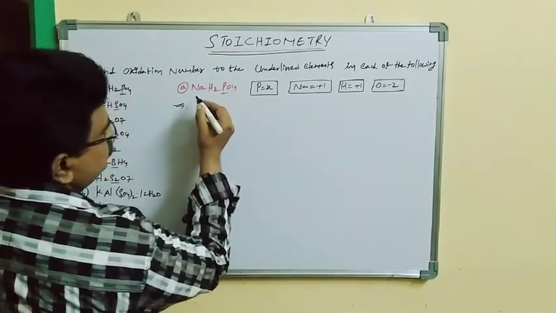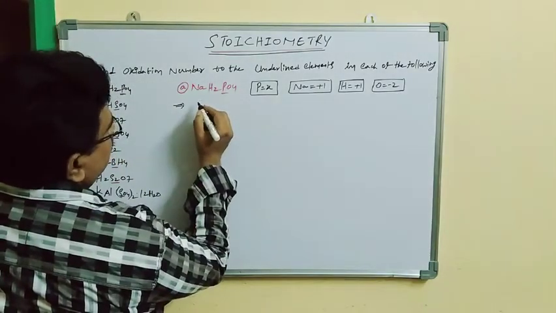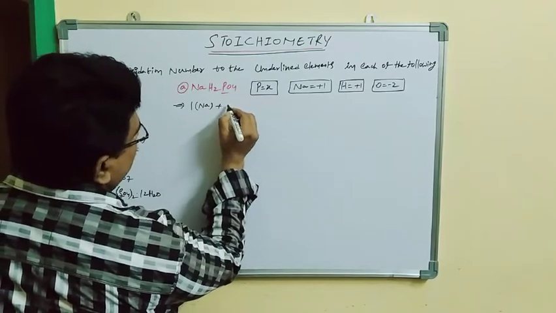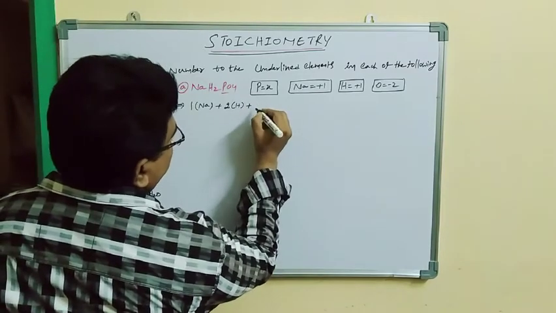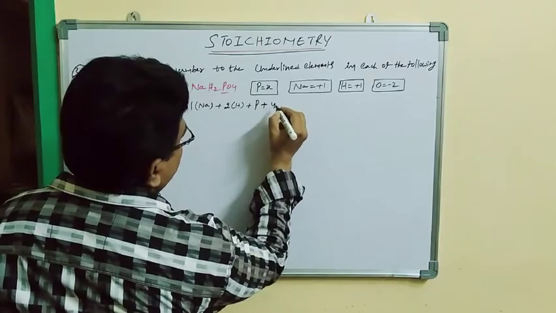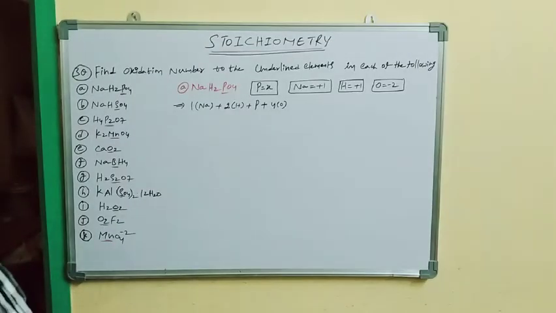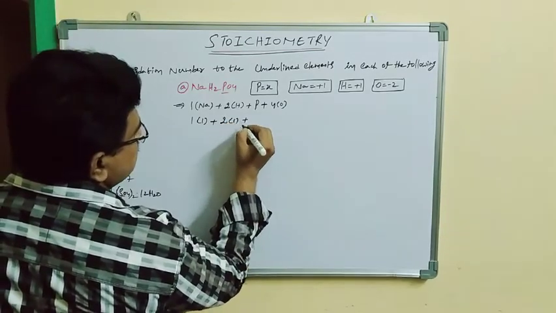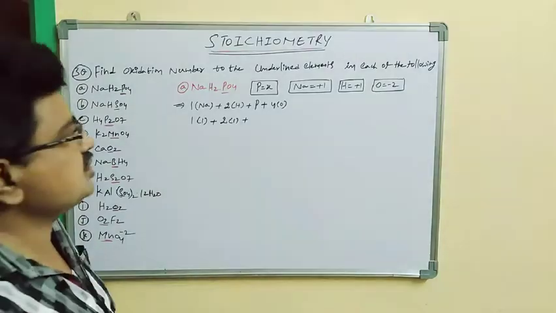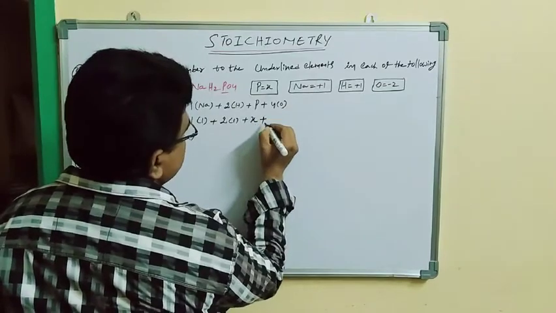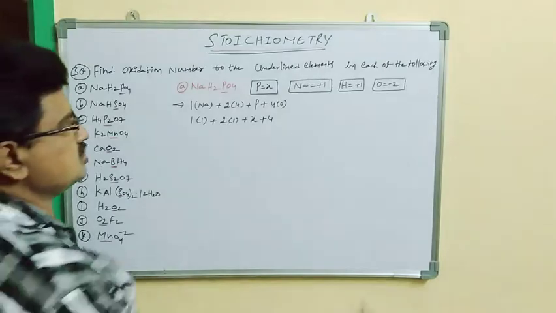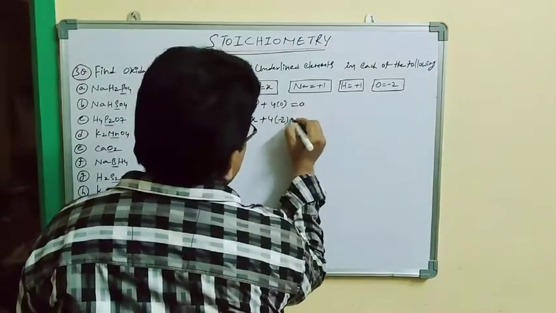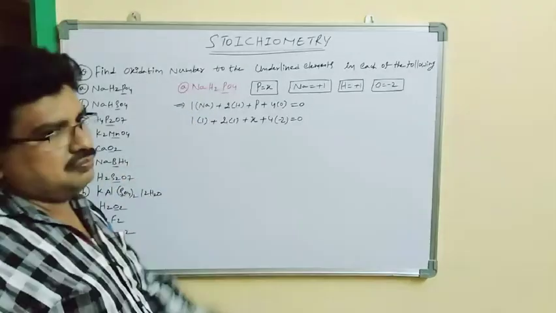Sodium charge is 1, and there is 1 sodium. So the first step: 1 into sodium charge, plus 2 into hydrogen charge, plus X for phosphorus, plus 4 into oxygen charge, which is -2. The sum of all elements is equal to 0.